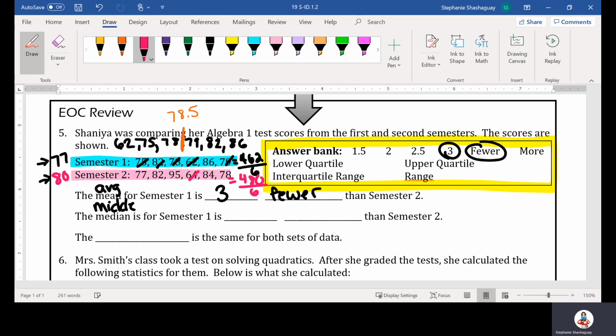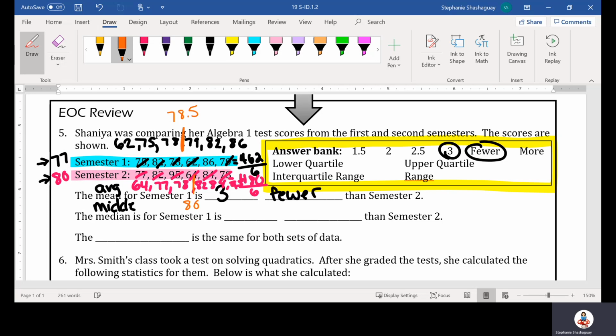My lowest score here is 64. Then I have 77, then I have 78, 82, running out of space, 84, and 95. The middle of this data is between 78 and 82. So that's going to be 80.